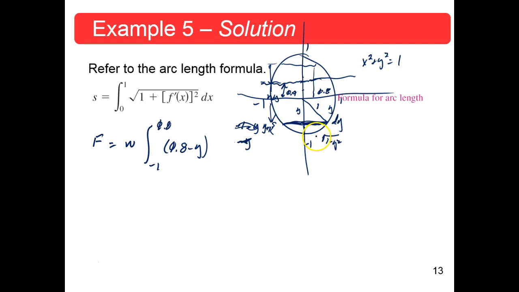And then you got 2 of them, so that's where the next thing comes from. I'm going to put the 2 out front, 2 square root of 1 minus y squared, and then the last one is just your dy.